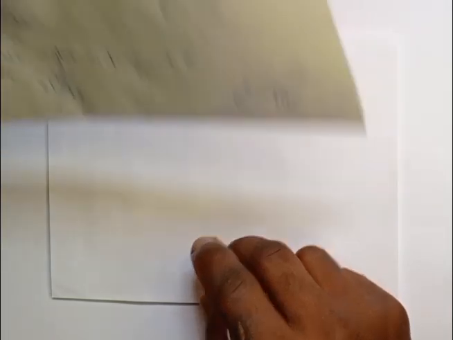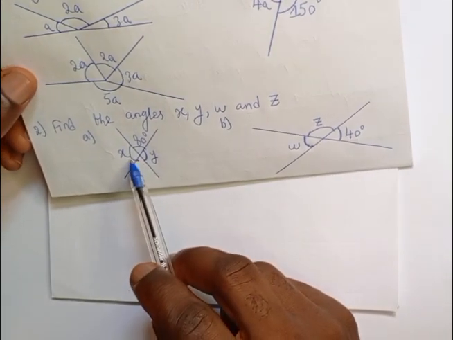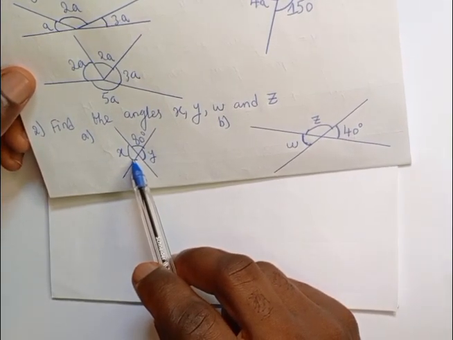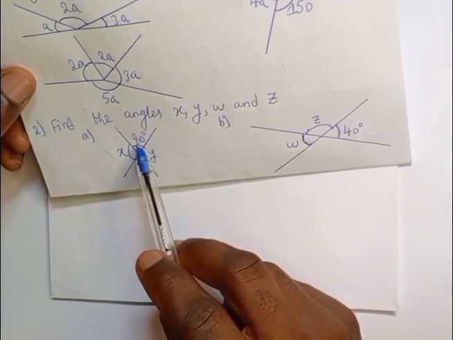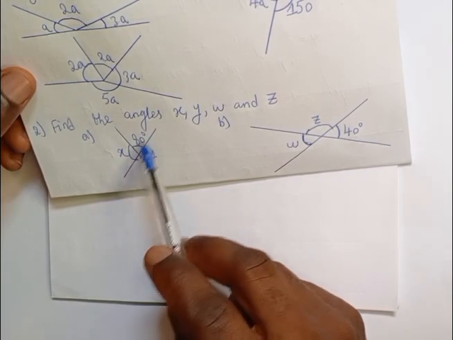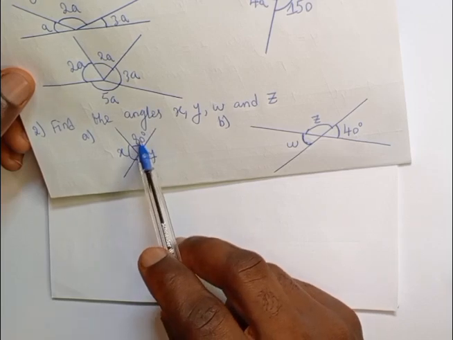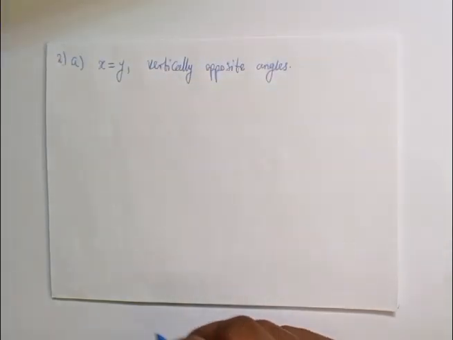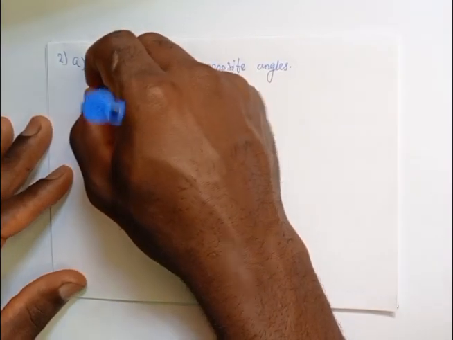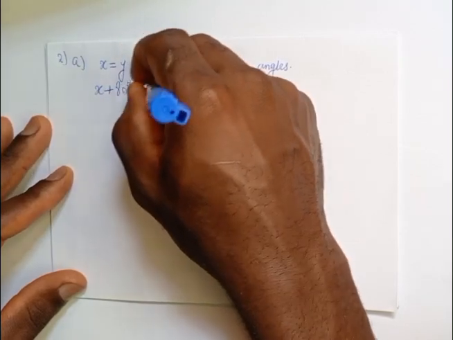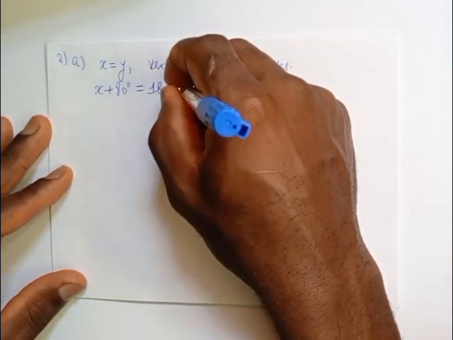Next, we can easily find the angle X. We are going to make use of the fact that the angle X and the angle 80 degrees are angles along a straight line. Along a straight line, that means they sum up to 180 degrees. X plus 80 degrees is equal to 180 degrees.